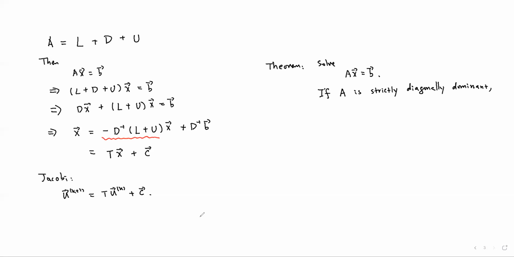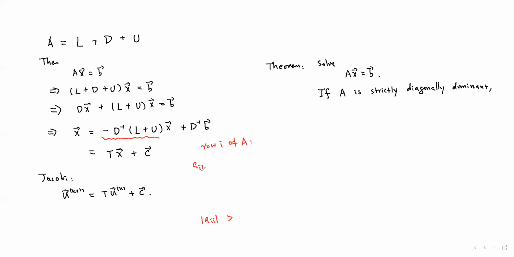Diagonally dominant means that a_ii, the entry on the main diagonal line, in absolute value is greater than the sum of the other entries in row i of A.